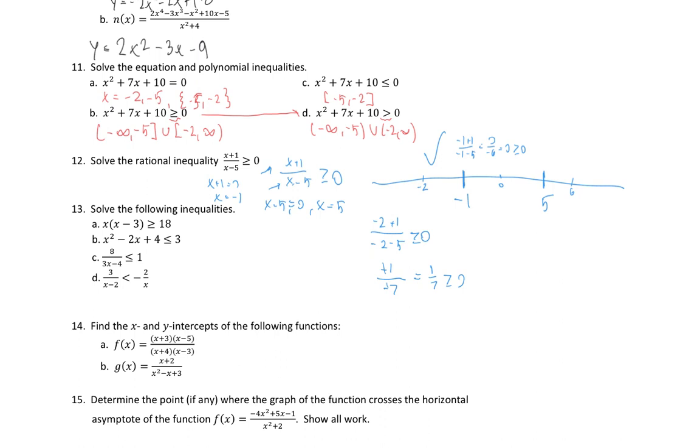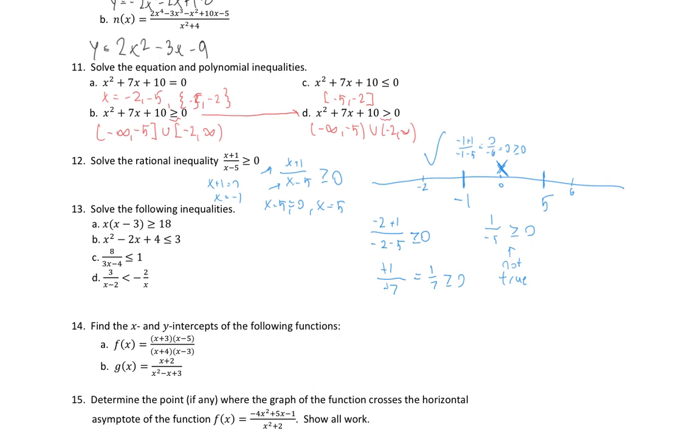Now let's plug in 0. So we'll have 1 over minus 5, because 0 plus 1 is 1 and 0 minus 5 is minus 5. And that's a negative 1/5. That is not true. That is a negative number. So we're not going to include that section. Okay, well, what about 6? So we can do 6.